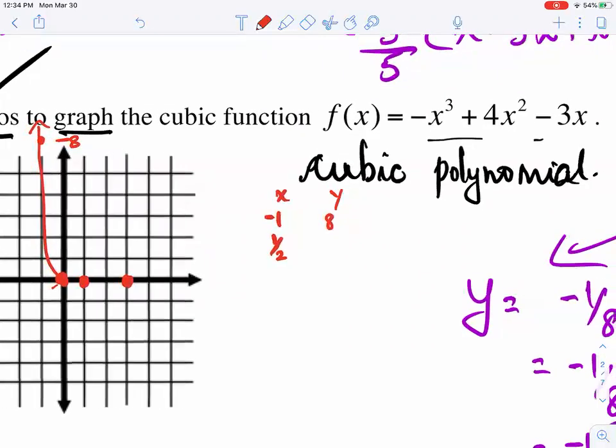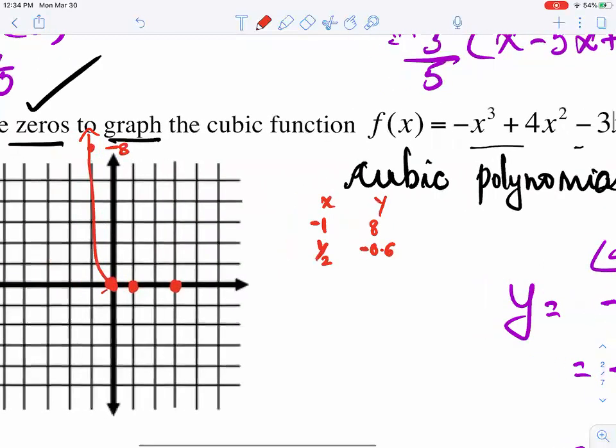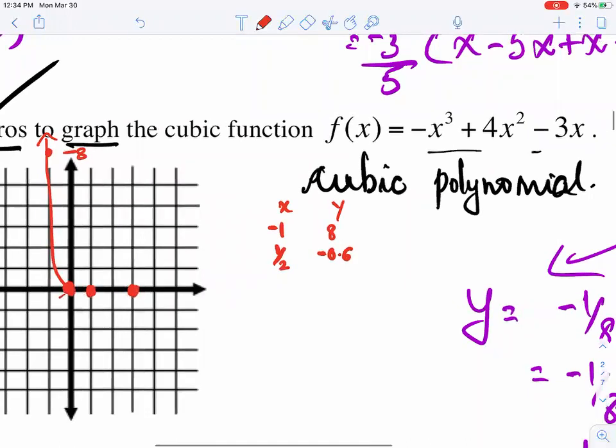Did you guys get -0.6? Anyone out there get this?